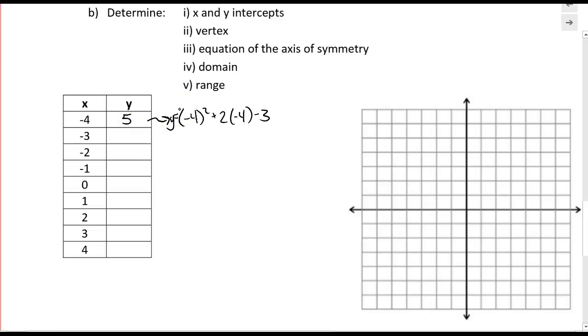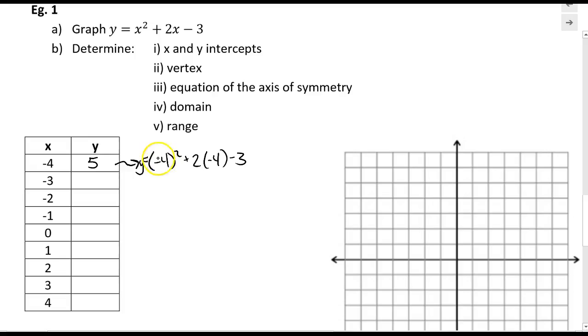Now again, you don't have to do that all in your head. You can write down your steps, but I don't have a lot of room here, so I'm just going to write down the filled in forms and I'll do the mental math to make sure that this is working out. For negative 3, y equals negative 3 squared plus 2 times negative 3. Subtract 3 is my constant.